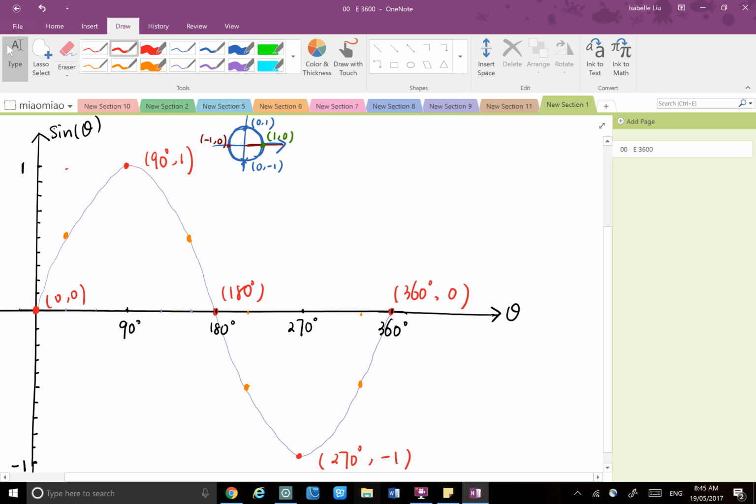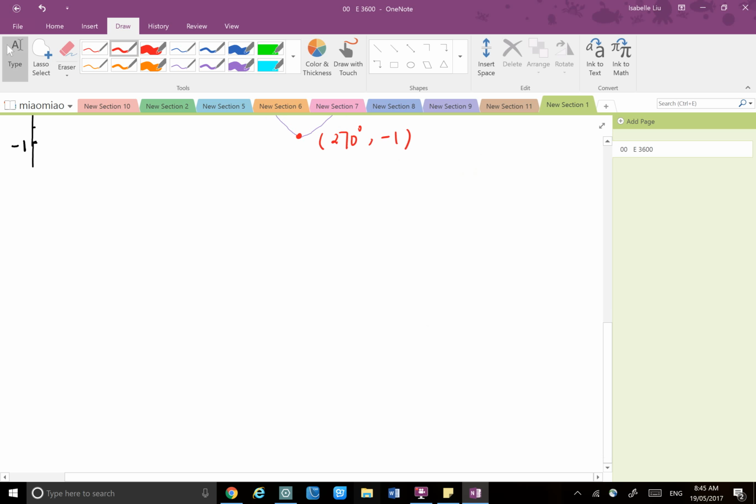So have a think: if I keep turning another round, what will the graph look like? If my graph goes to 360, then I will have 540. What's the point if I keep going to 720 degrees? Okay, let's have a look. That's my graph from 0 to 360 degrees.